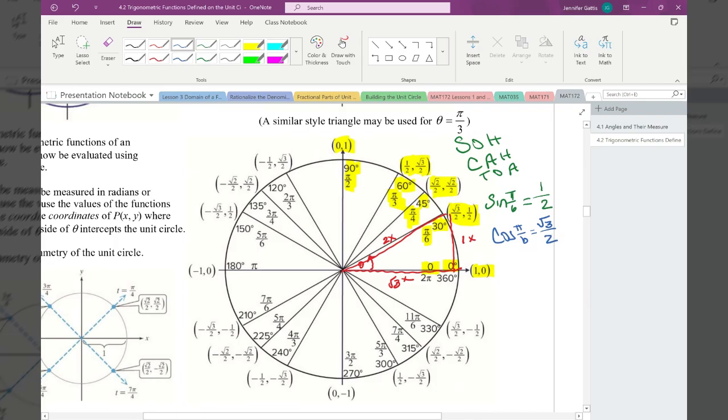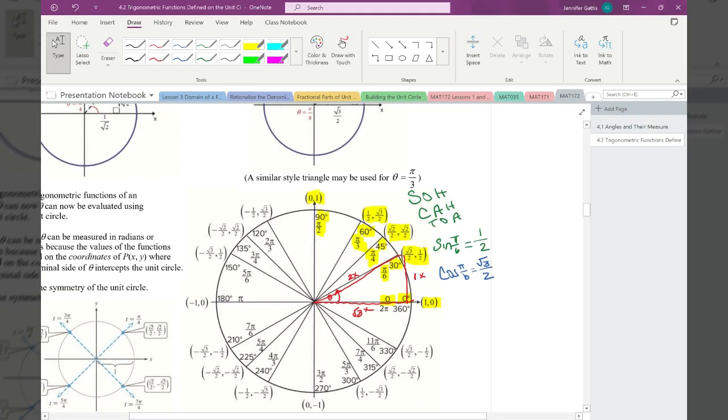So knowing this, you can build the entire unit circle by only knowing those two special right triangles and remembering one mnemonic. And that mnemonic is All Students Take Calculus.